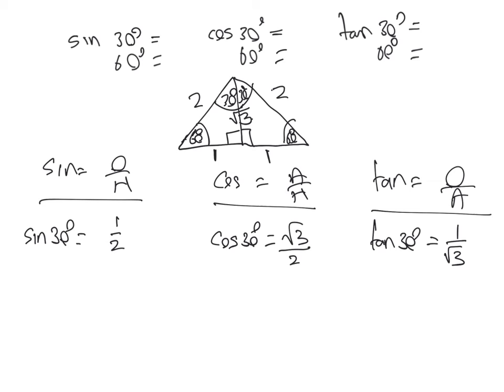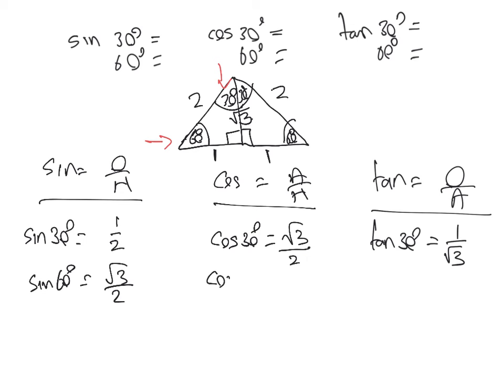So there's those three. And then we go to the 60 degrees. We were looking at it from the 30-degree angle, so we were looking that way. Now we're doing 60, so we're looking that way, aren't we? So we have the sine of 60 degrees equals, the opposite is now root 3, over the hypotenuse, which is 2.